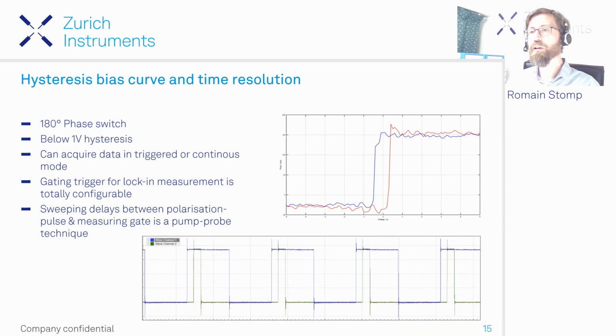So then, for instance, you can do this pump-probe, where you can vary the amplitude, you can vary the width, and you can also vary the delay between the pump and the probe. So going back now to time resolved.